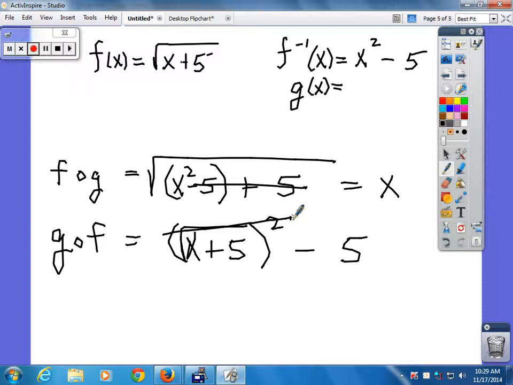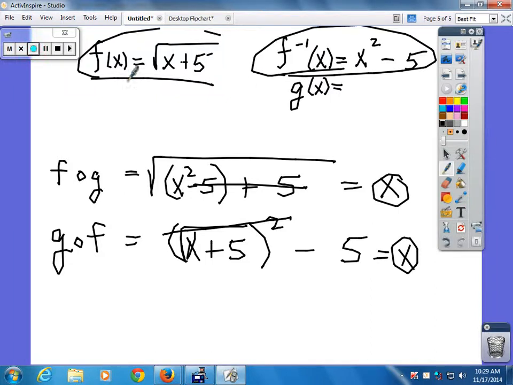That goes out, and you get x plus 5 minus 5, and what does that equal? That means that the original function is a 1-to-1 because you got x. The original function is 1-to-1. And these two are inverses of each other. Because each one you got x.